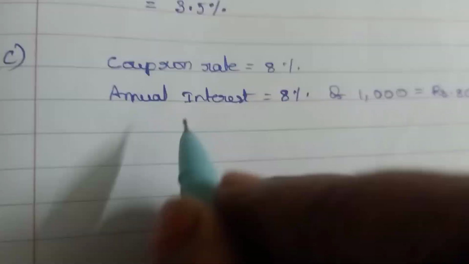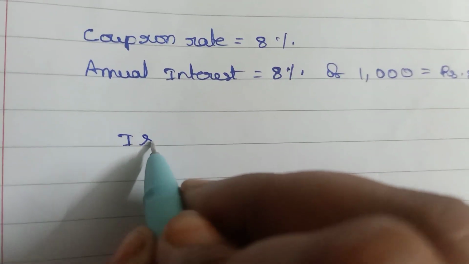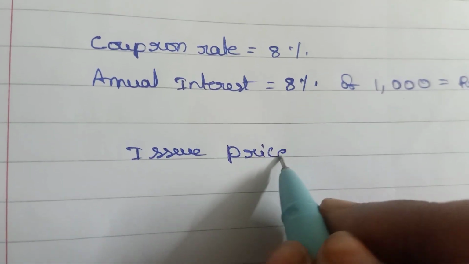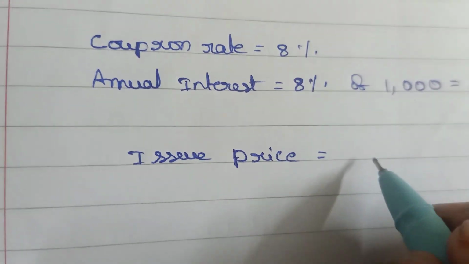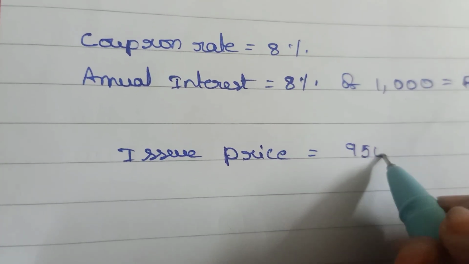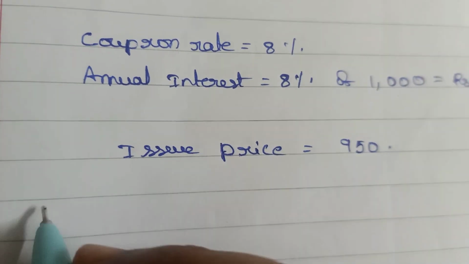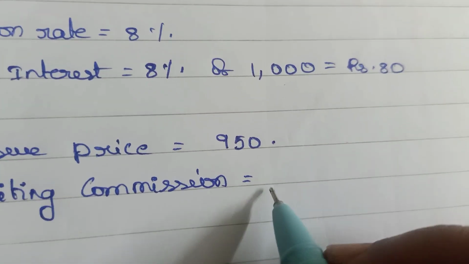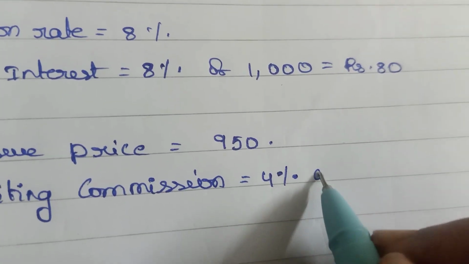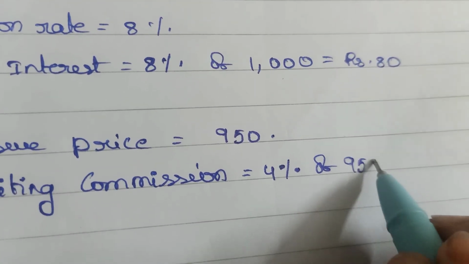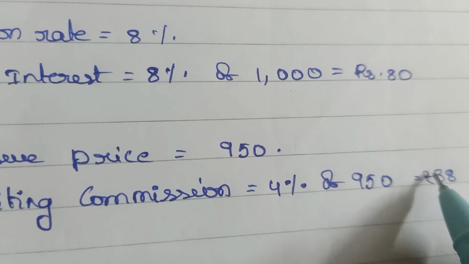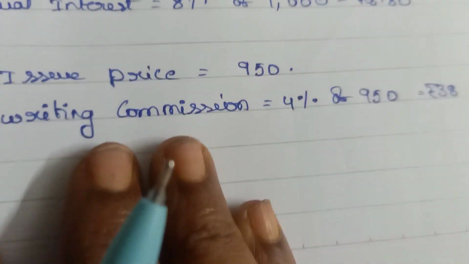The issue price is 950. Underwriting commission is equal to 4% of 950, which is equal to rupees 38.